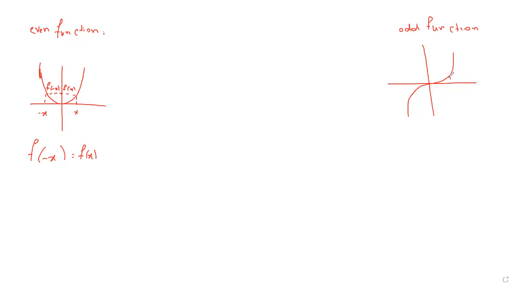If this is x and here is negative x, they both have the same y value but one negative, one positive. So this one is f of x, and this point is f of negative x. These two need to be negatives of each other: if this is positive, this is negative. So f of negative x is equal to negative f of x.